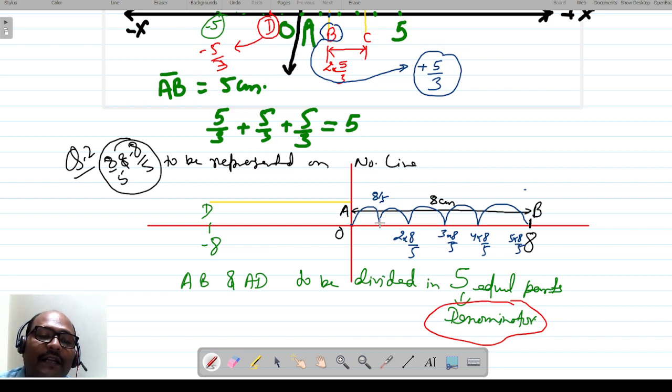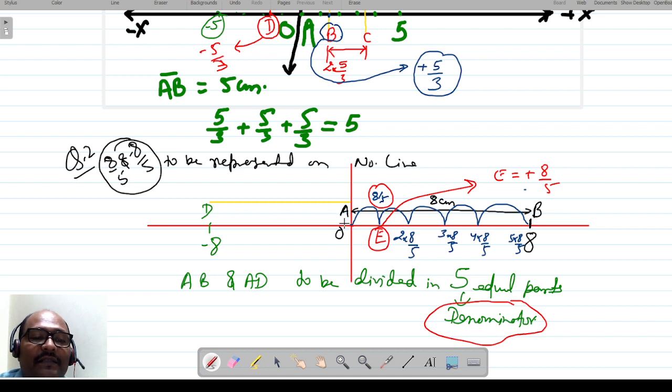So this point, let's say E, E is a point which is 8 by 5. So we can mark it like this: E equal to plus 8 by 5. So this rational number is represented on the number line as E, right?